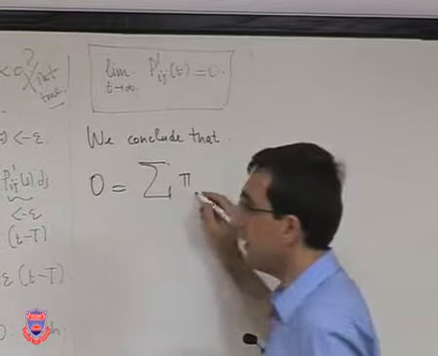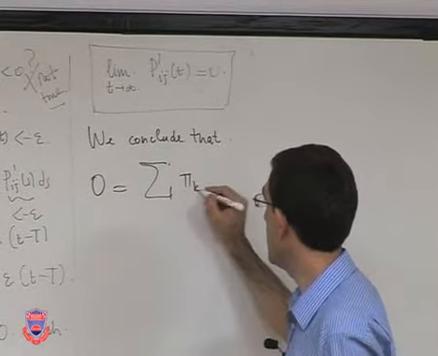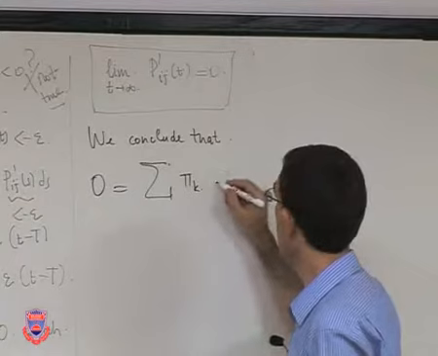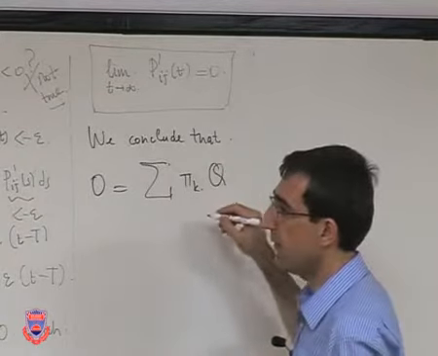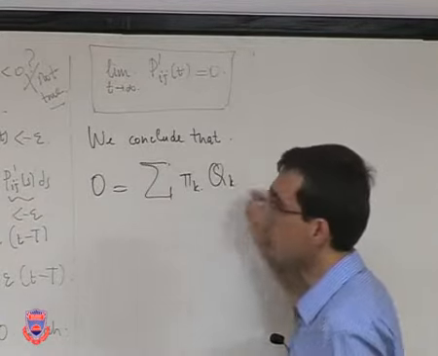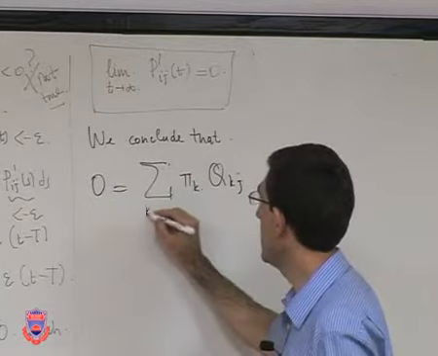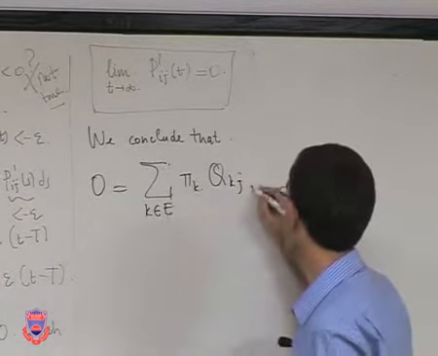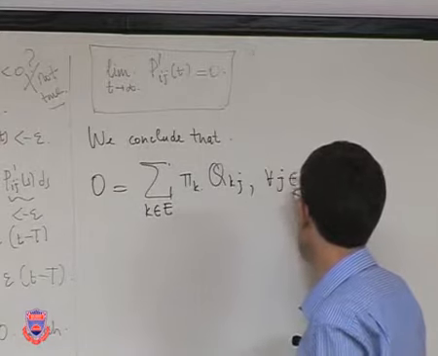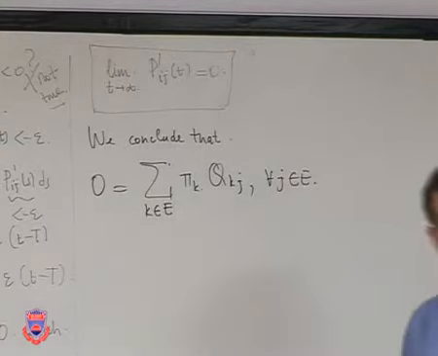If you take the limiting probabilities pi_k and calculate this sum, you must get 0, and this should be true for every state j in your state space.